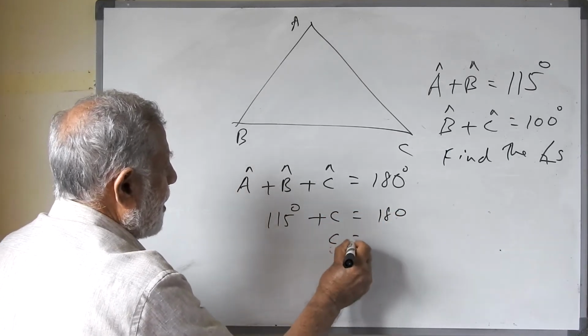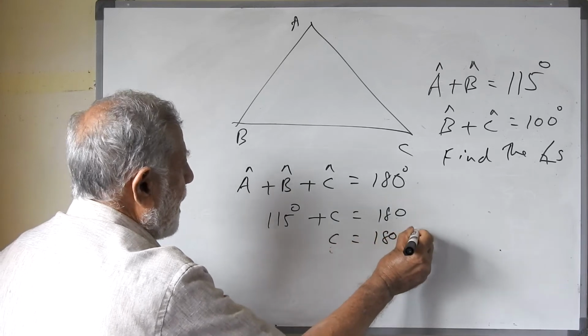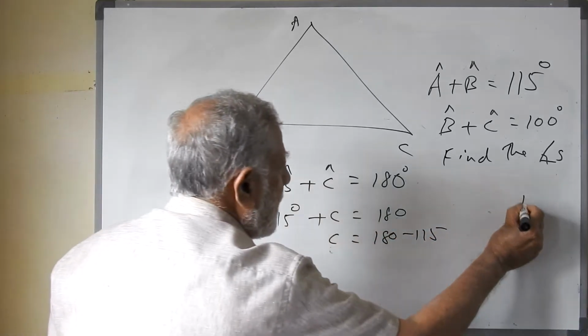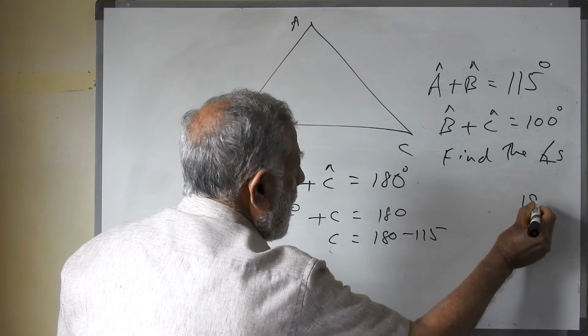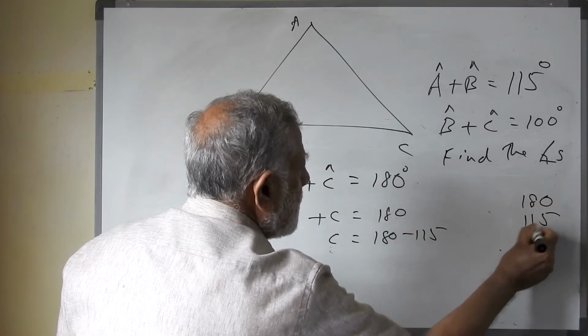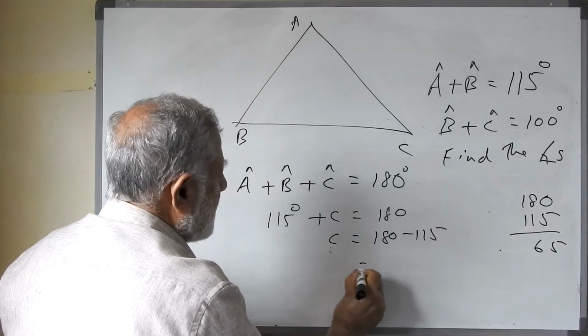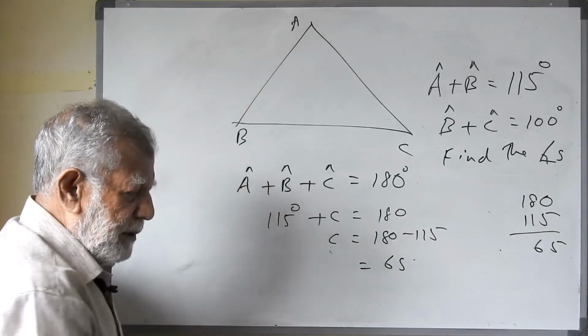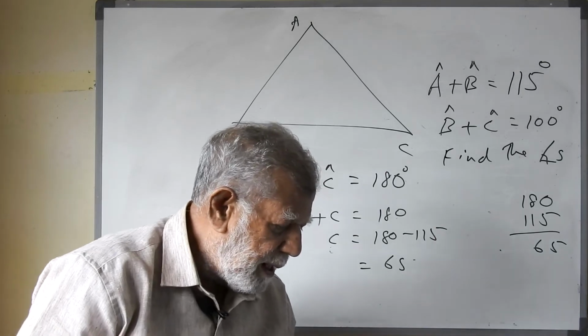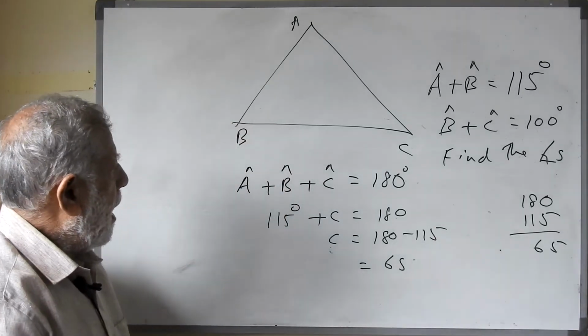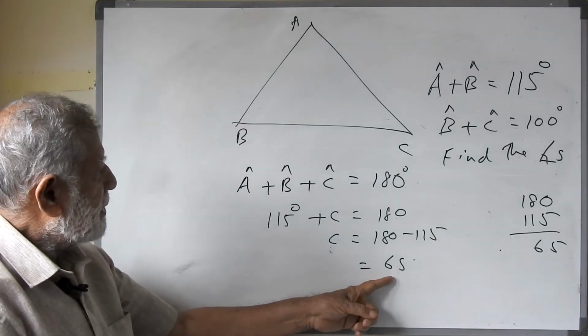Therefore C is equal to 180 degrees minus 115. So we can write here and subtract. 65 degrees. So C is equal to 65 degrees.